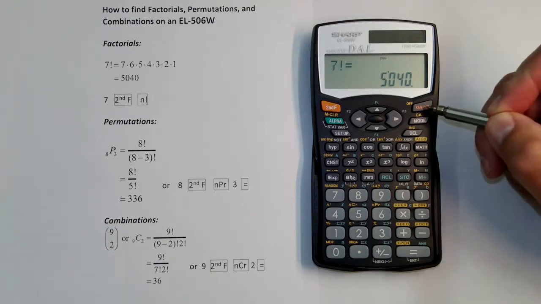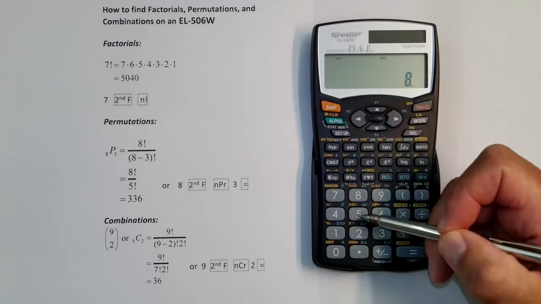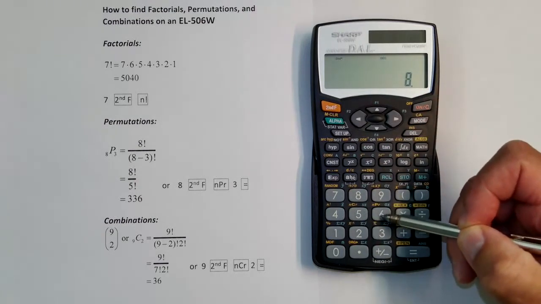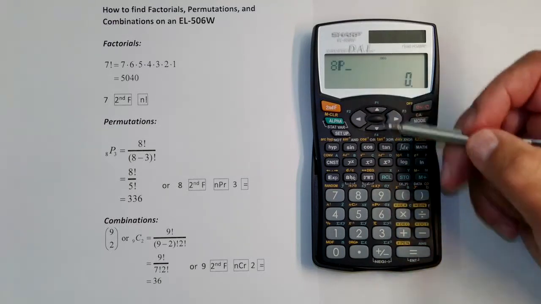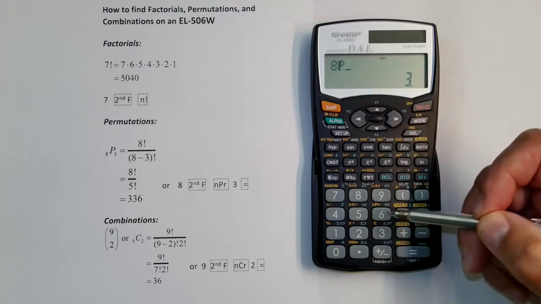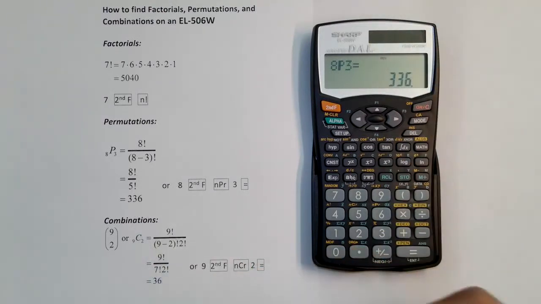So the way we would do this on a calculator, we would go 8, second, and above the 6 is the nPr key. So hit the 6, and then the number 3, equals, and 8P3 is equal to 336. The calculator does all that for you.